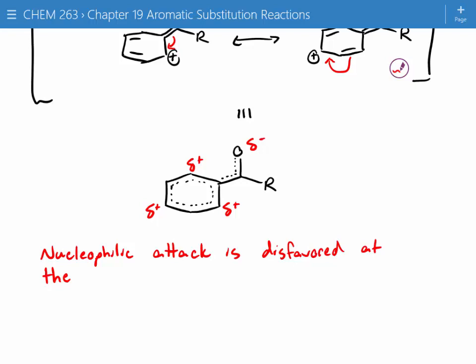A good nucleophile is something with a partial negative, right? So in this case, nucleophilic attack is going to be disfavored at our positions with a partial positive, right? Because they're actually deficient in electrons, they don't have excess electrons.